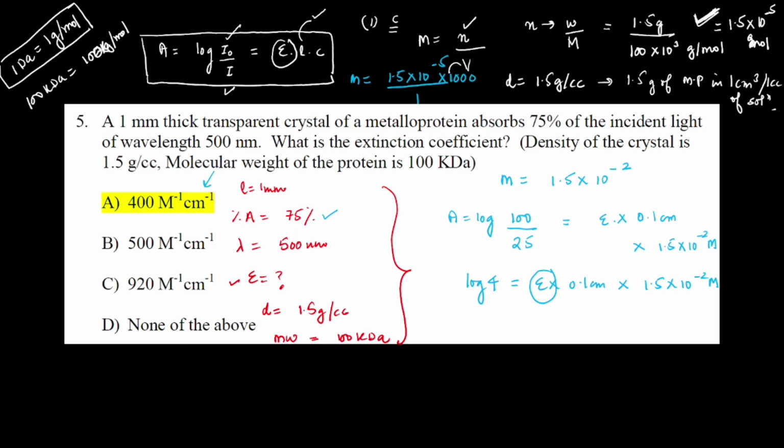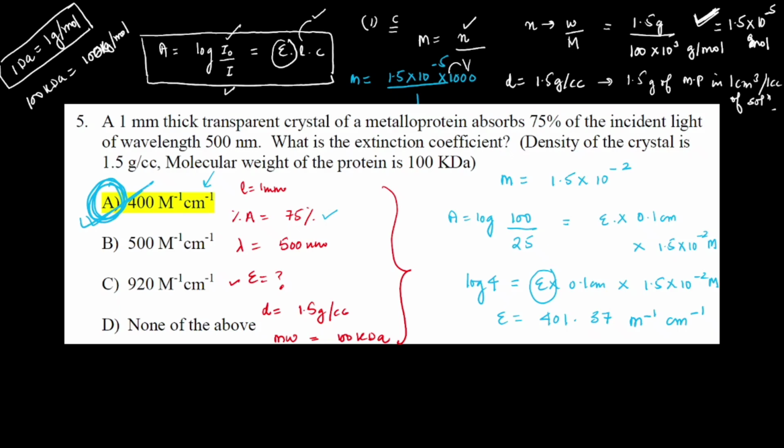So let me quickly do that. Yep, the answer is coming as 401.37 M inverse centimeter inverse. So option A is the correct answer, which is close to 400 molarity inverse centimeter inverse.